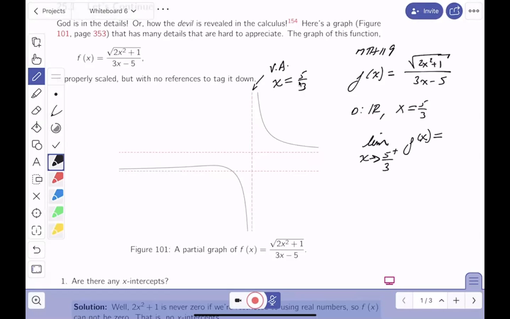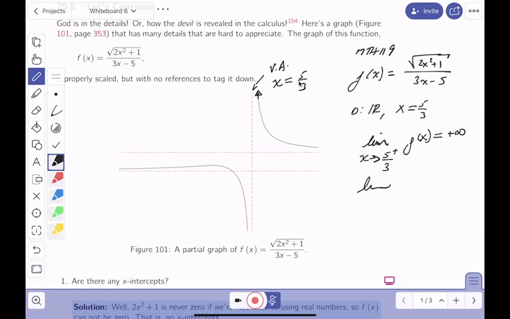The top's always positive. No matter what I do, it's a positive number. So then the question comes is, if you're doing sign analysis, it does change sign at 5/3, by the way. And to the right of 5/3, it would be a positive number. But it's getting close to 0. So it's going to blow up to plus infinity. That makes sense. And I'll put that behavior in right over here.